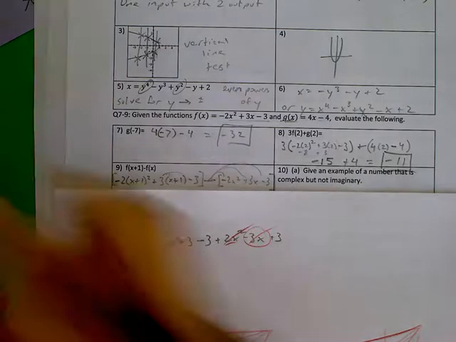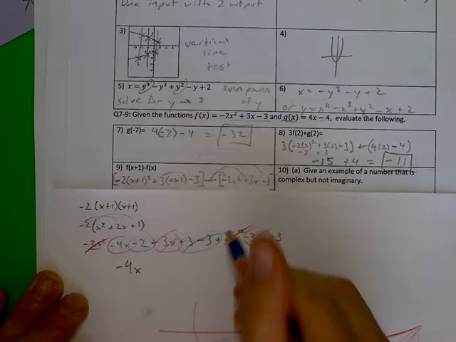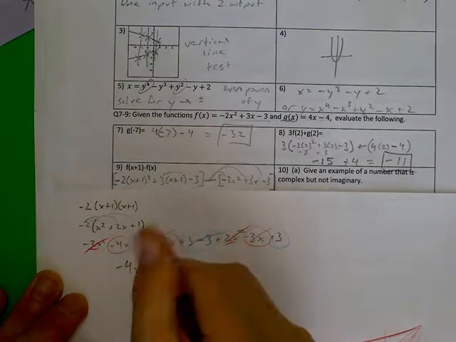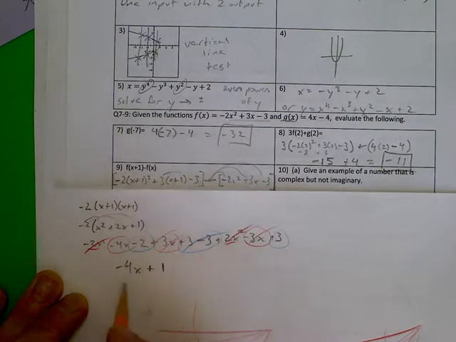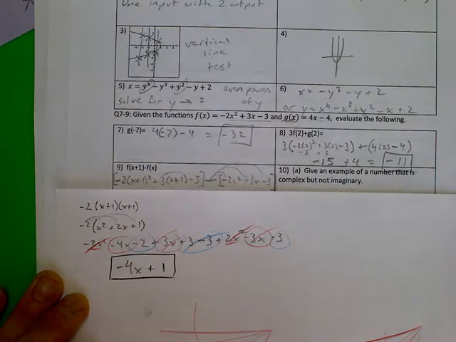What about the whole number? There's a negative 2, there's a plus 3 and a minus 3, which are going to cancel each other. And then there's another plus 3. So negative 2 plus 3 is plus 1. Anything else I can do there? Those don't combine, so no. There's my answer.